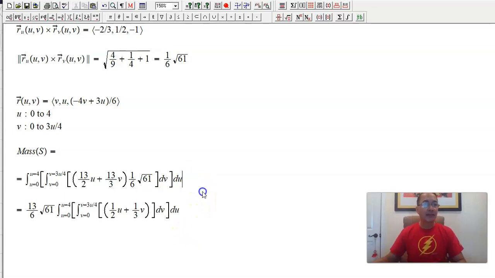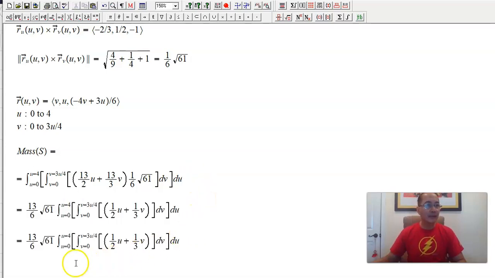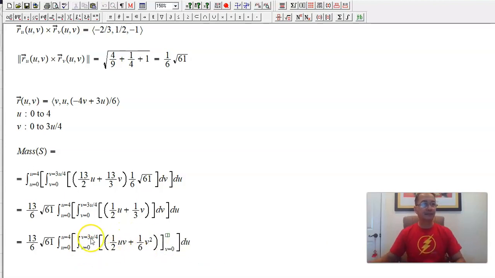All right, and then what do we have? We will integrate with respect to v. So we get an extra v here, and we get a v squared over 6. Okay, v has been integrated. We will go from v equals 0 to v equals 3u over 4.